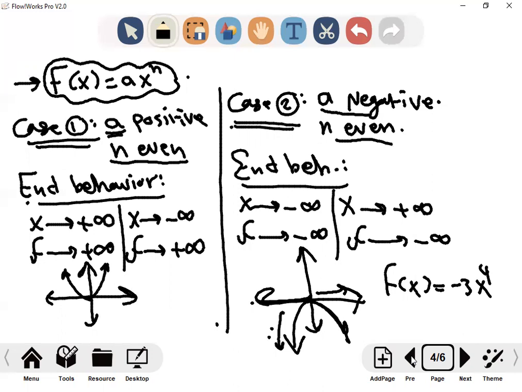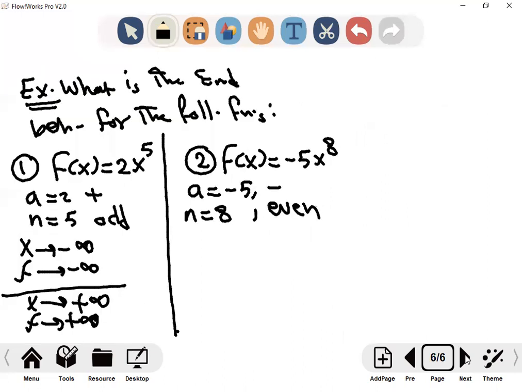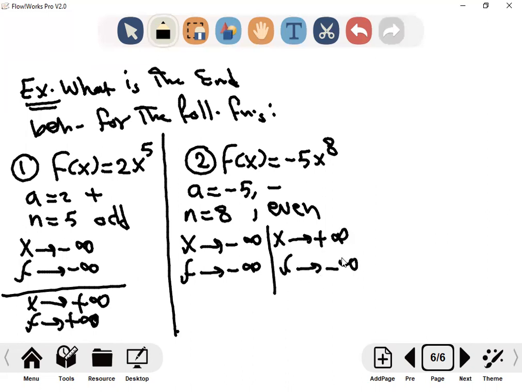This is the end behavior in front of you. Negative, negative, because the parabola will be downward. So here, as x goes to negative infinity, the function also goes to negative infinity. And as x goes to positive infinity, the function also goes to negative infinity. You understand how we use the cases, right?